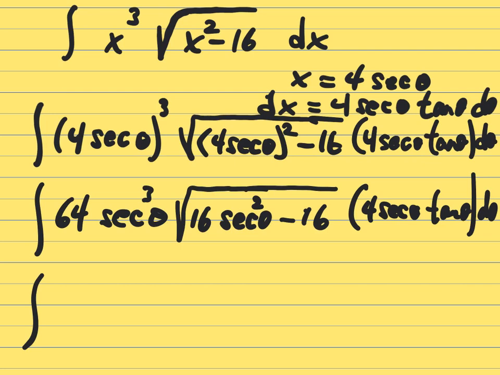While we do that, in the parentheses at the end of this line on the third row, 4 secant theta tangent theta, I'm going to go ahead and multiply that with the first term, which is 64 secant cubed theta. Getting that together, 64 times 4. Secant cubed times the secant in the back makes secant to the 4th. Tangent theta.